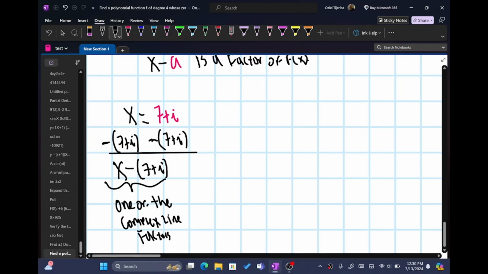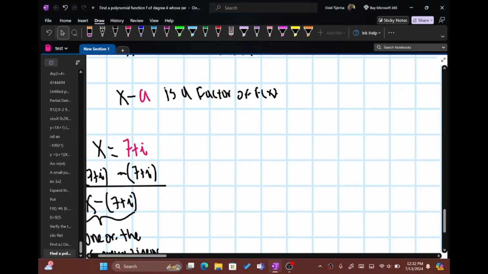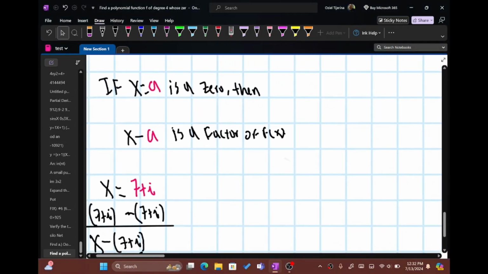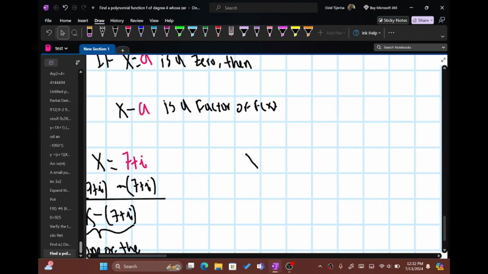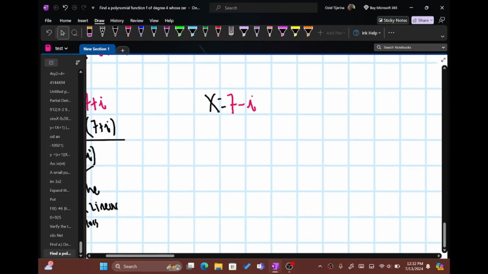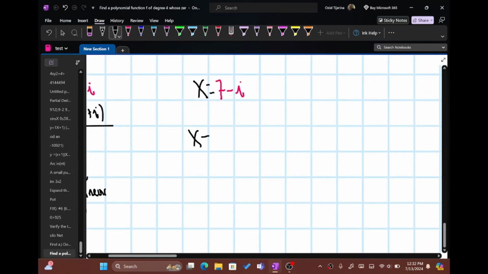Complex linear factors, right? Since we know that the other a value is 7 minus i, if I do x equals 7 minus i, I'm going to say the following: x minus the quantity 7 minus i must be equal to 0.